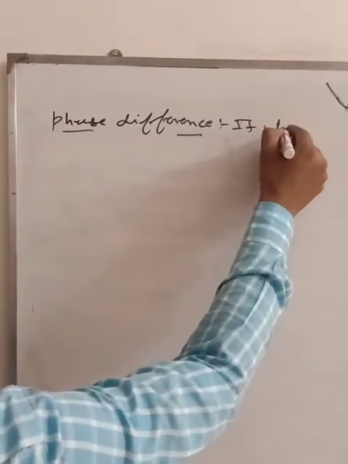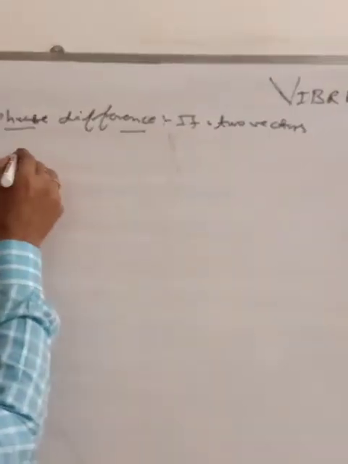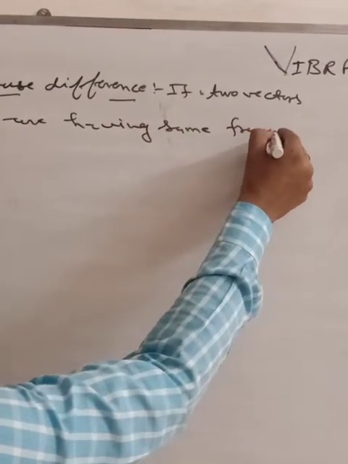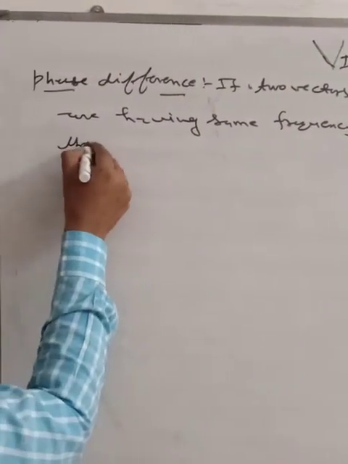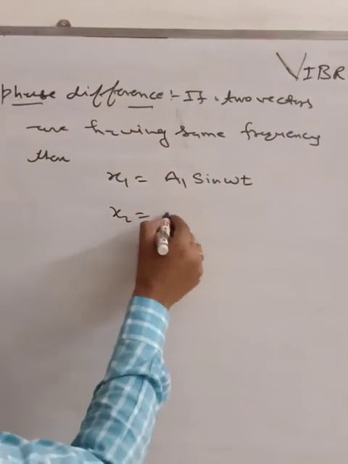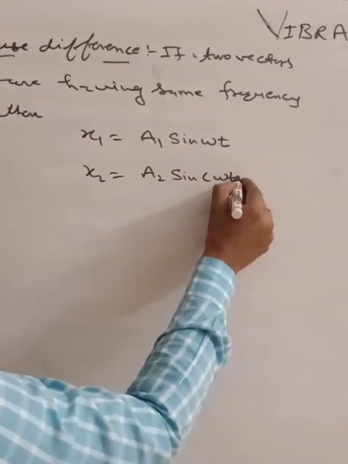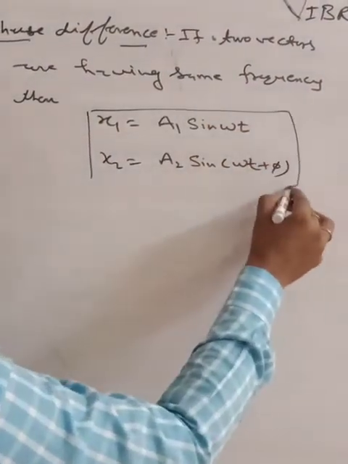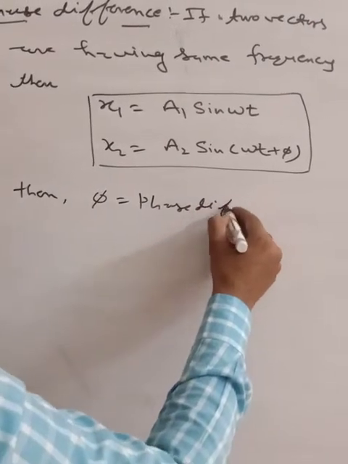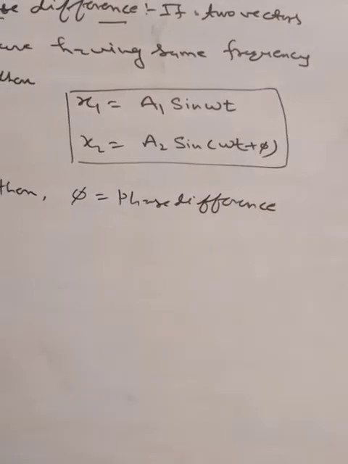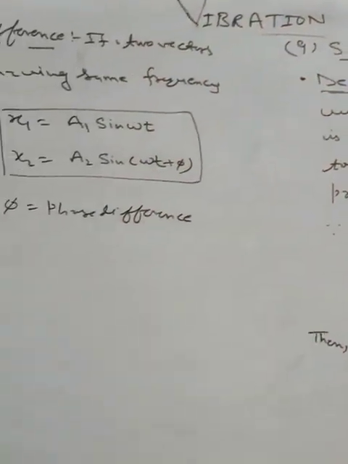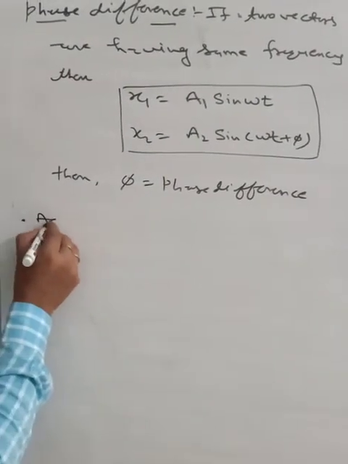If two vectors have the same frequency, x1 is sin omega t and x2 is sin of omega t plus phi, then this phi is known as the phase difference.